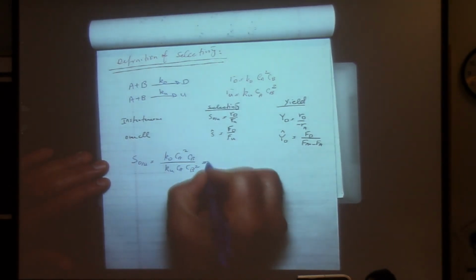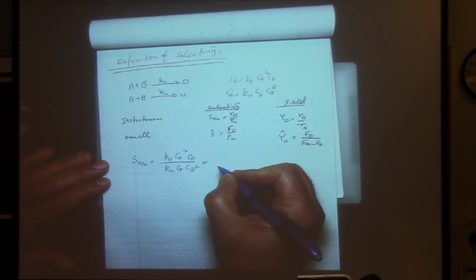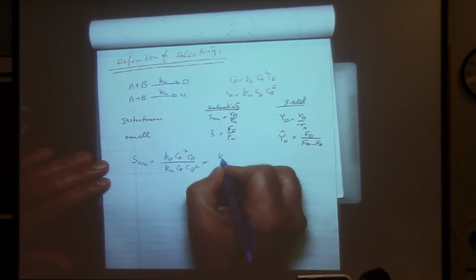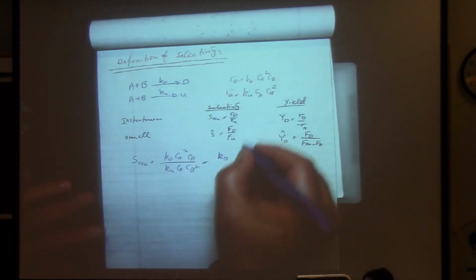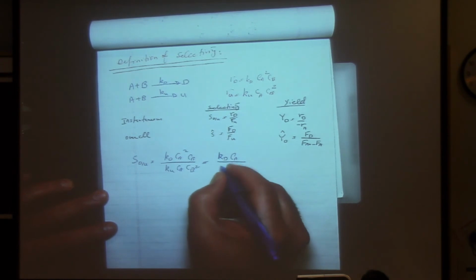And if you simplify this equation, it would be k_D C_A over k_U C_B.